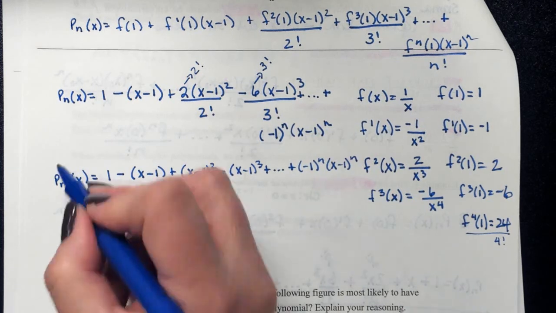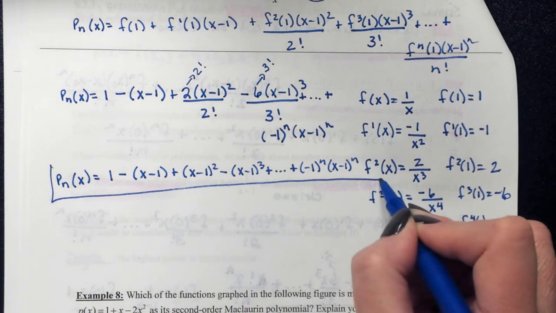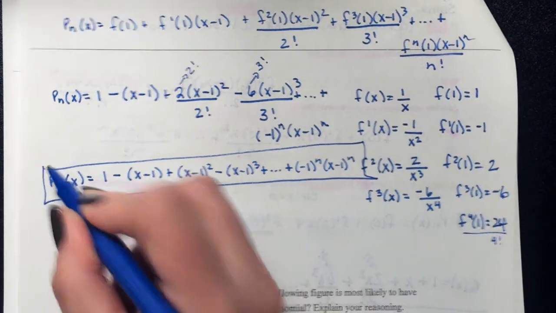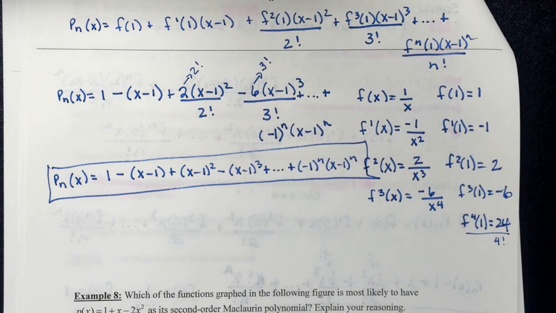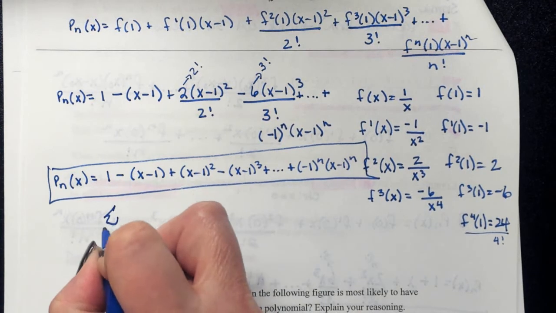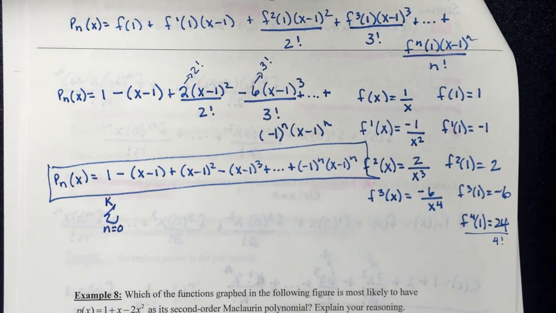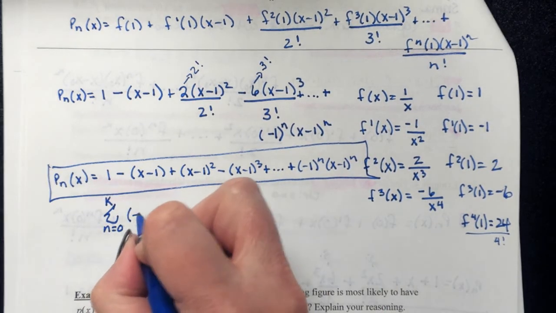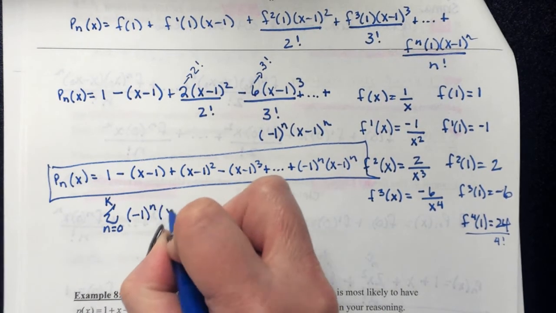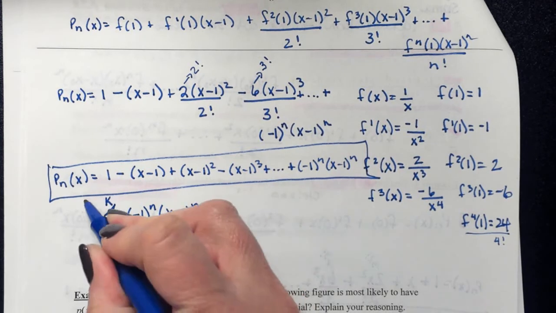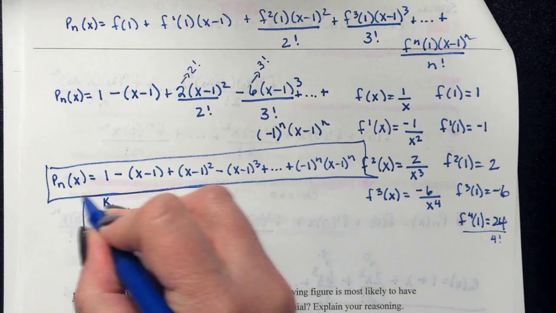So there is your nth Taylor polynomial. Then in sigma notation, n equals 0 as the lower index to k, and I just replace the formula with that general term. So there is your Taylor polynomial for that one.